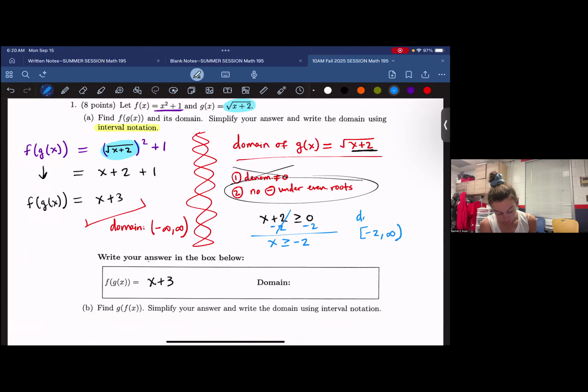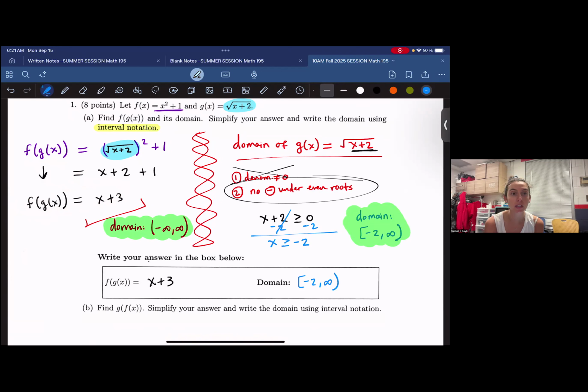And so we're almost done. We want to look at what is the intersection between -2 to infinity and all real numbers? Well, it's just -2 to infinity. So the domain of this composition function is -2 to infinity, and a hard bracket at that -2.